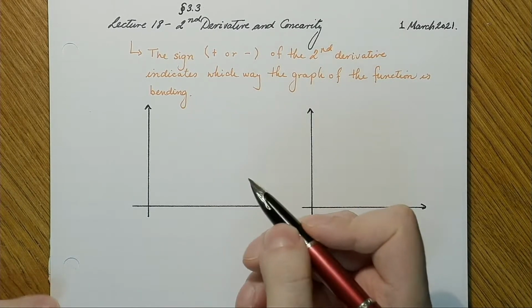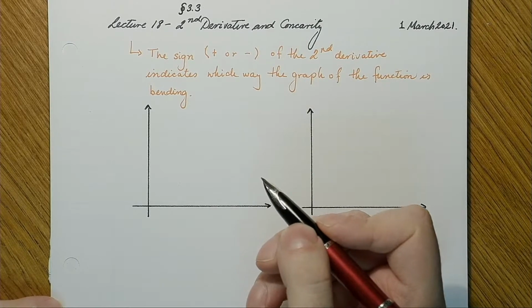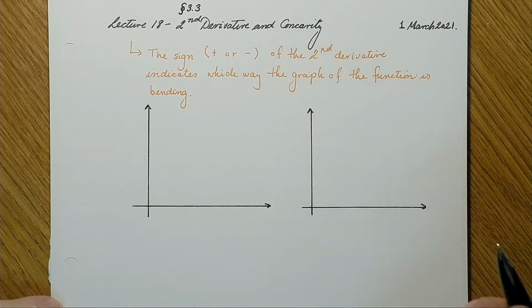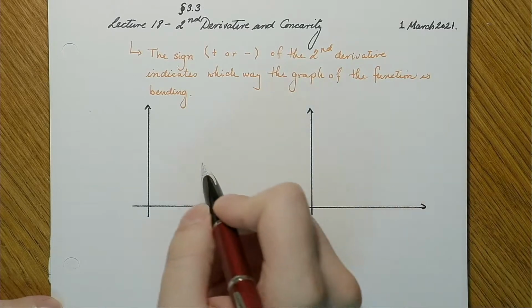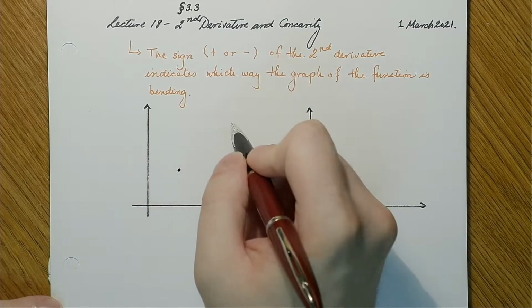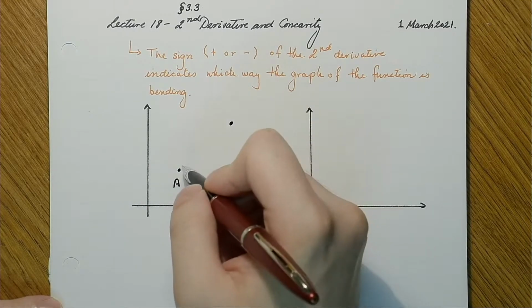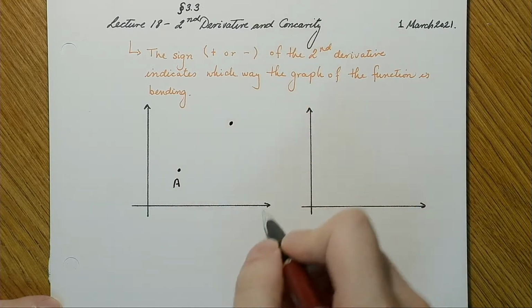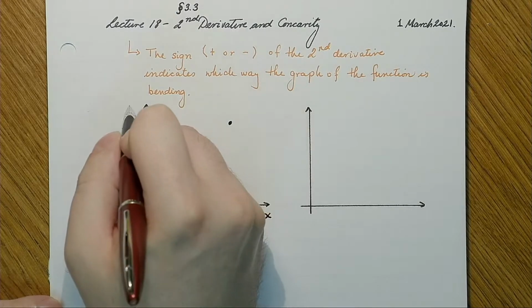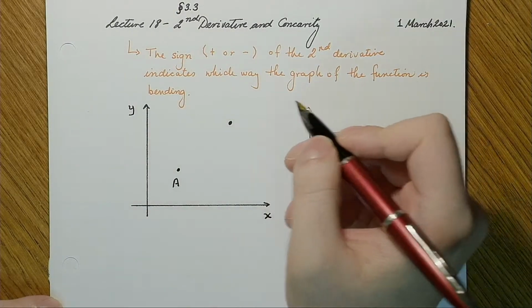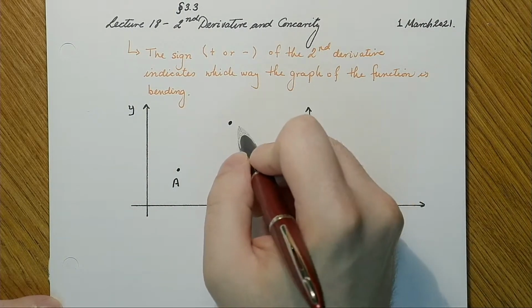Okay, so I'm going to draw two axes, and they're both going to be increasing functions. And remember, increasing means that the y values are going up as the x values are increasing. So that's an increasing graph.